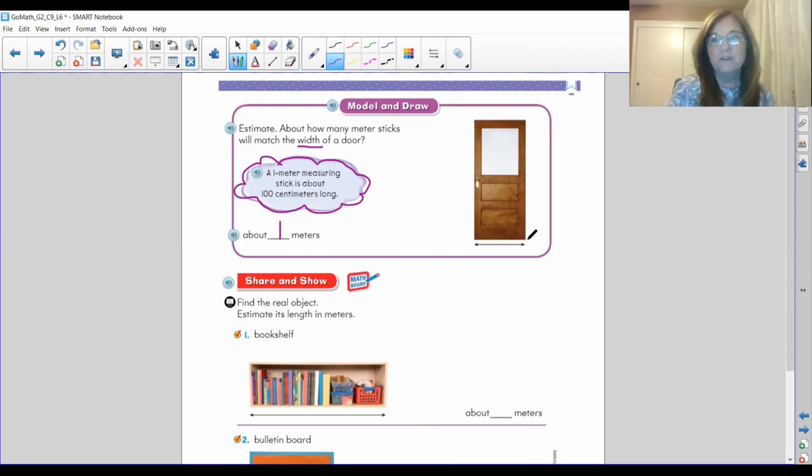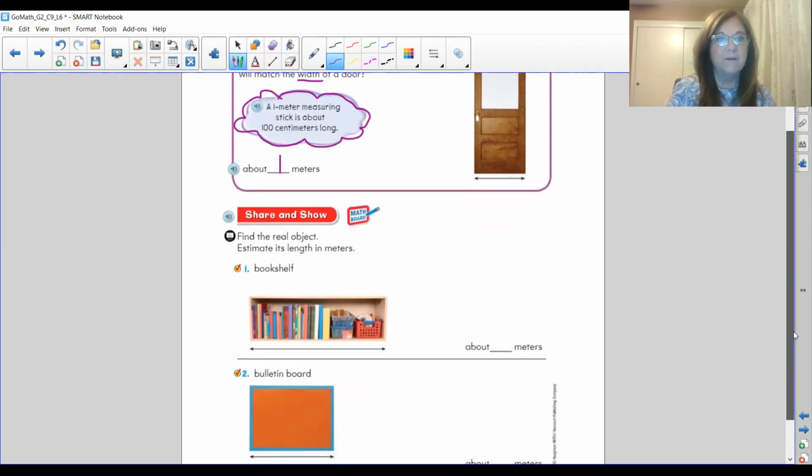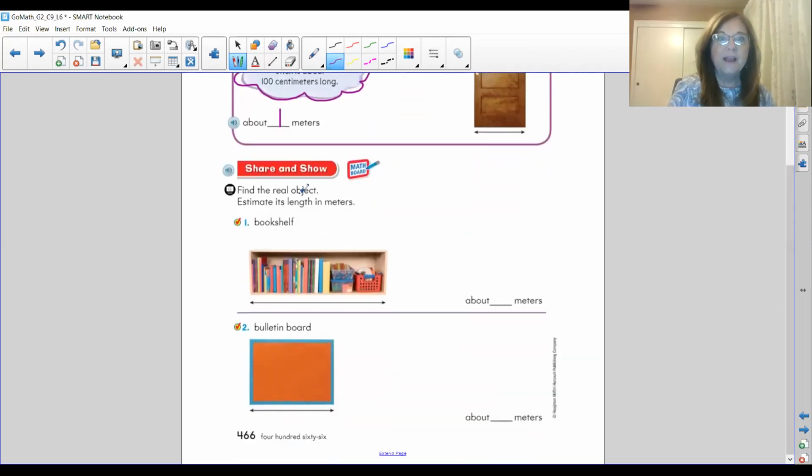Okay, so we're going to do a little share and show right here. Find the real objects and estimate its length in meters. So we don't even need to go take our meter stick over to a bookshelf. We can just look at a bookshelf. You can look at a bookshelf in your house.